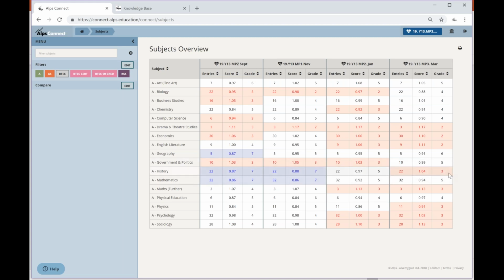Now, 2 things spring to mind there. One is, has that trend been apparent in the past? Can I trust my history department that those are accurate prediction grades for March? Has that been a trend in previous years? Or, and therefore their interventions have actually yielded fruit?